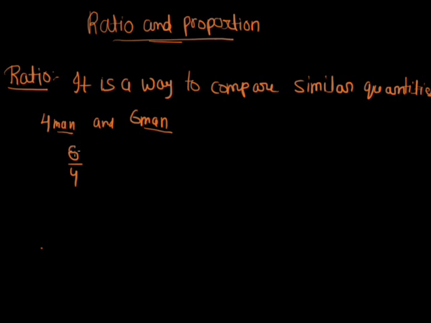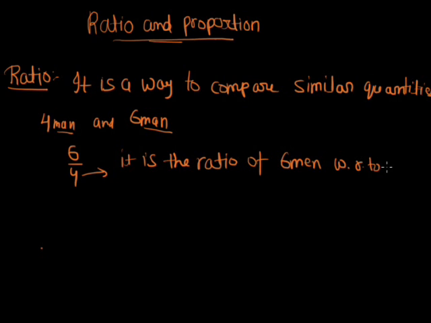If we are finding the ratio of 6 men with respect to 4 men, then the 4 men will come in the denominator. So it is the ratio of 6 men with respect to 4 men.